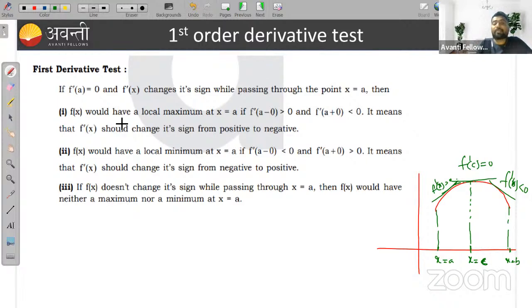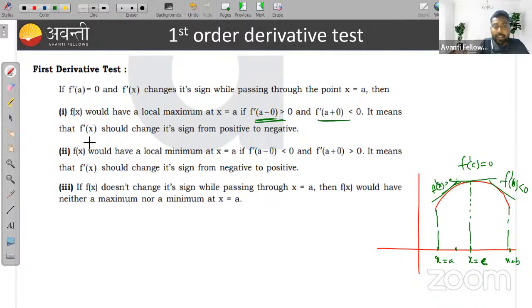Suppose f of x has a local maxima at x is equal to c. That means f dash of c minus 0, on the left side, the first derivative of that function is greater than 0, or increasing, and just after that point it is decreasing.